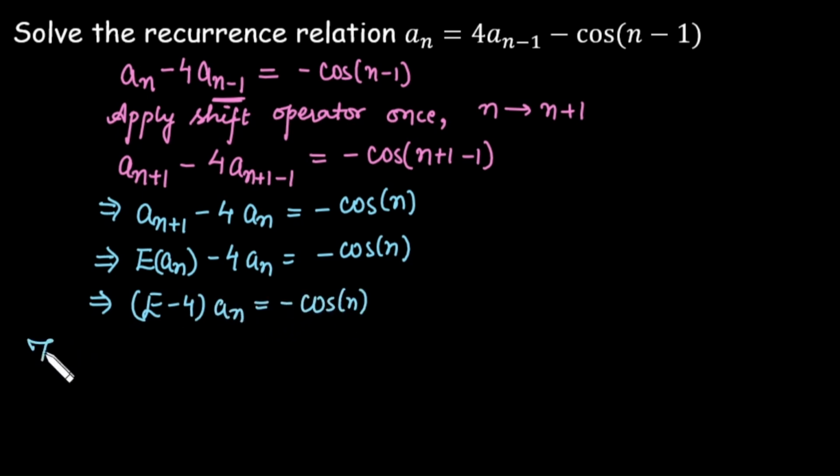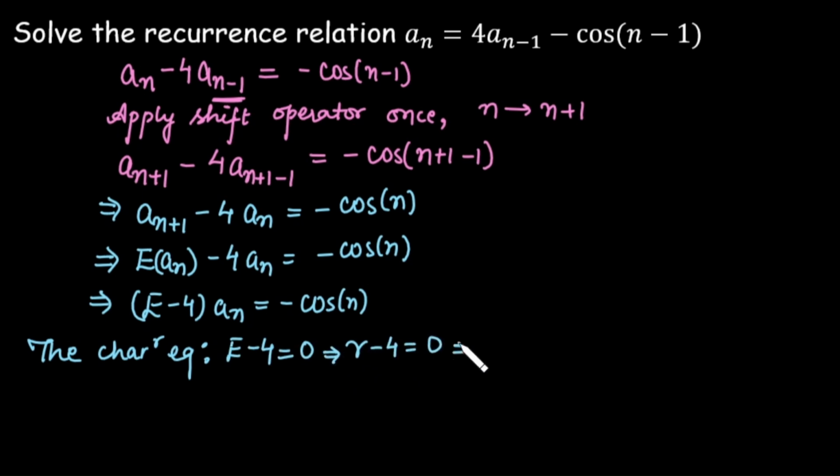From here, the characteristic equation is E minus 4 is equal to 0, or in r form we can write r minus 4 is equal to 0. The root in this case we have only one, that is 4. And the homogeneous solution we have constant, first root raised to power n. Only one root is there, so that is the solution for the homogeneous case.